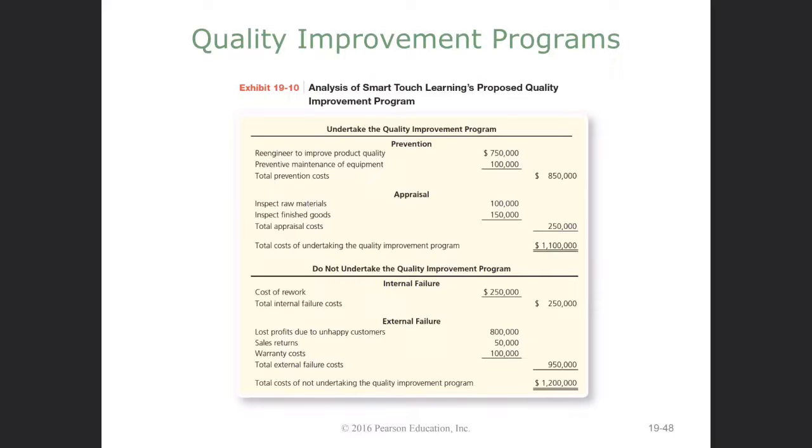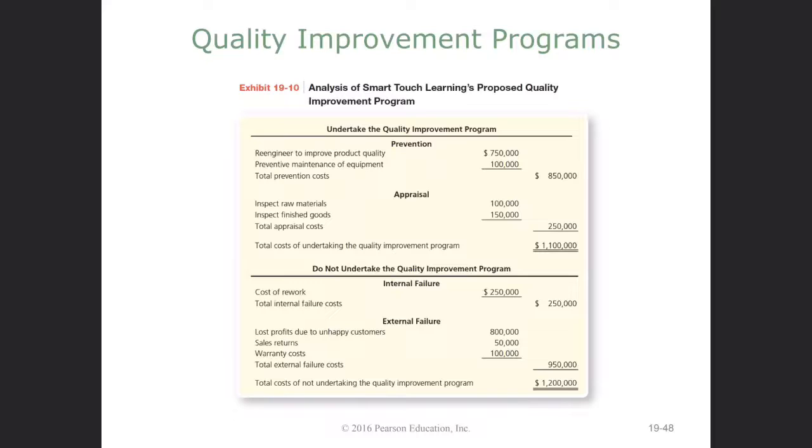If we say, you know what, things are doing just fine for us, we're not going to bother paying for all this additional stuff up here, we're just going to keep doing what we're doing, and if we have the consequences, this is what they are going to be. Our internal failure, we expect to cost us this. Our external failure, we expect to cost us this. So if we don't do anything to fix our quality and we remain the same, then our cost would be $1,200,000.